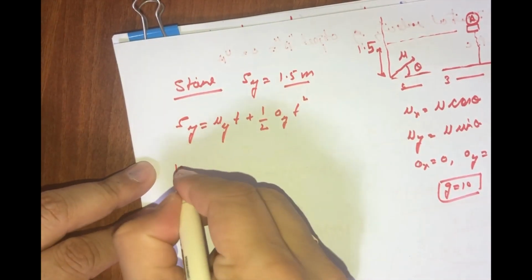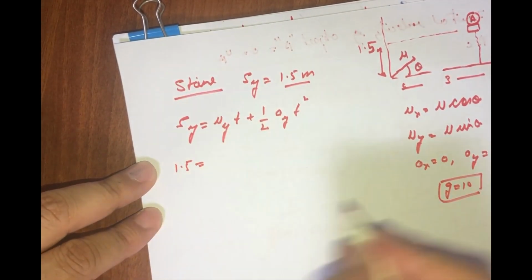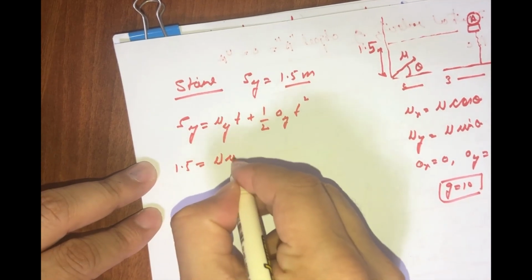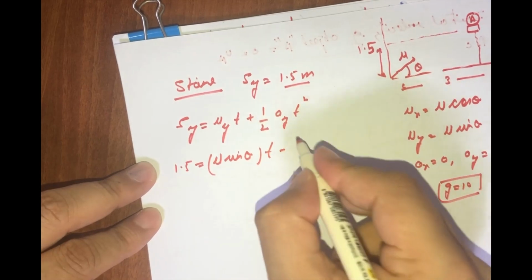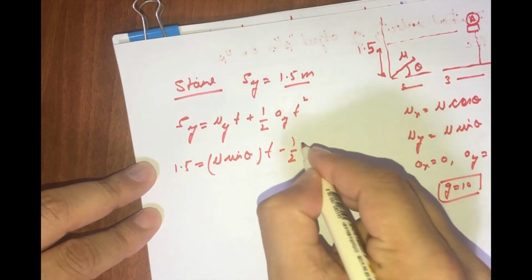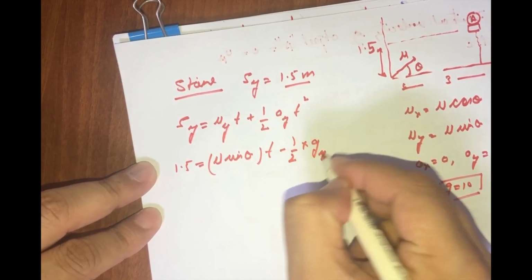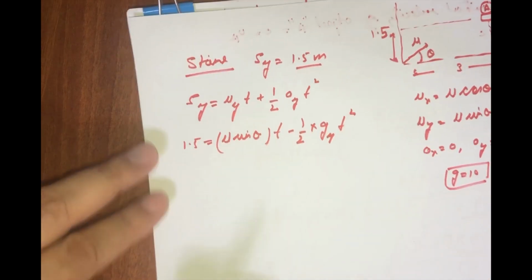So we can write this as 1.5 is equal to u sin theta multiplied by t minus 1/2 g t square.